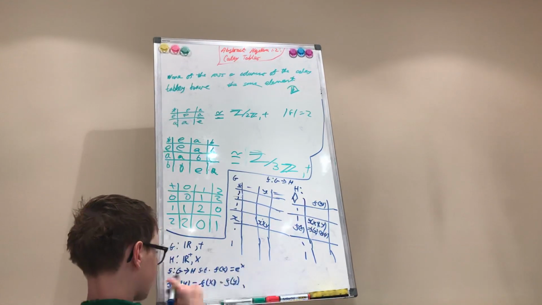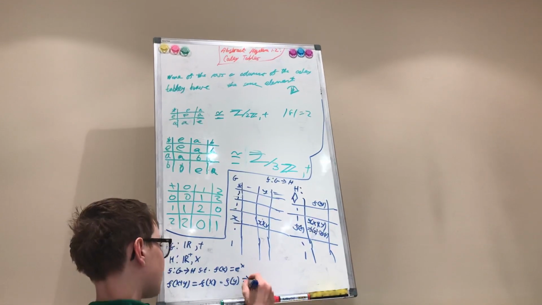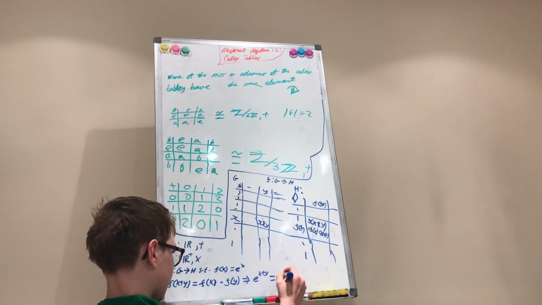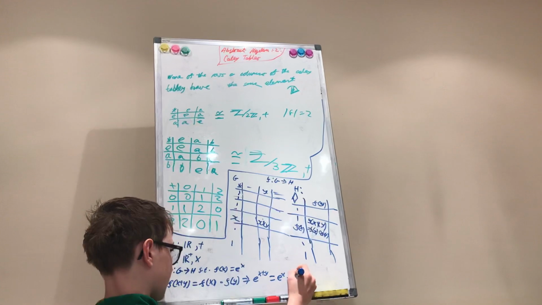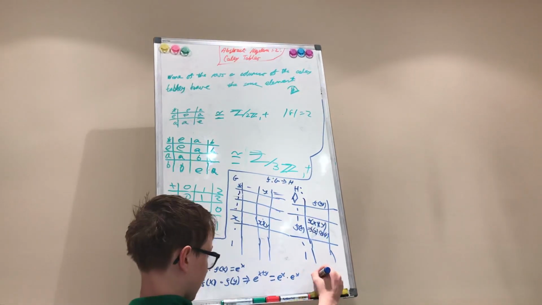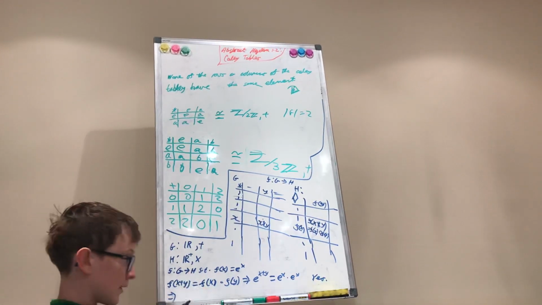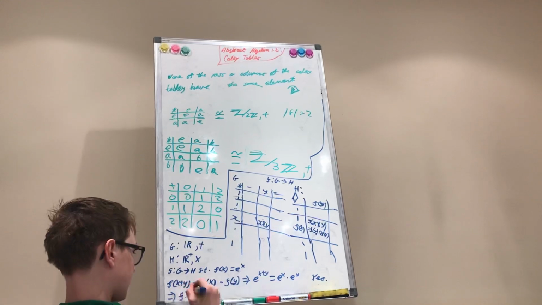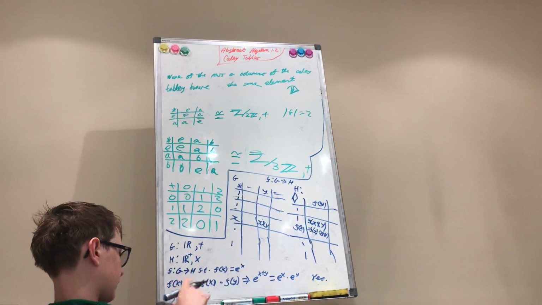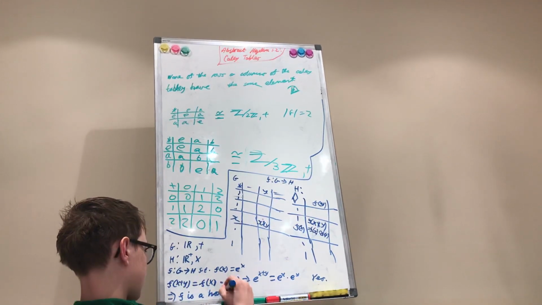Well, let's plug this in. That would imply that e to the power of x plus y equals e to the power of x times e to the power of y. Is this true? Yes. Therefore, f is a homomorphism.